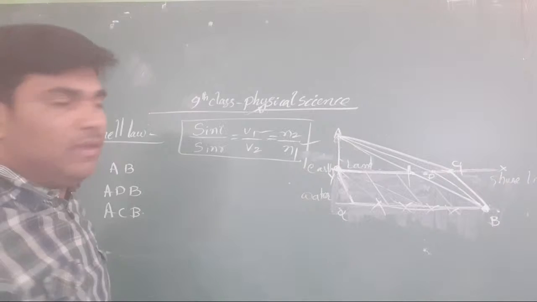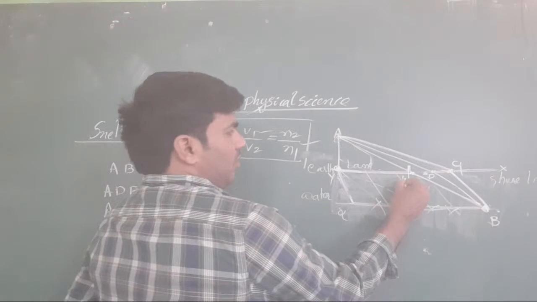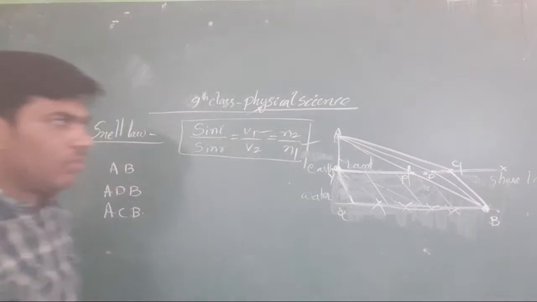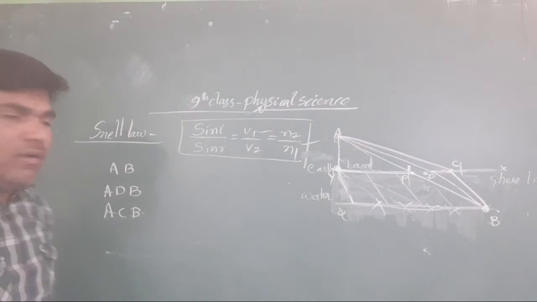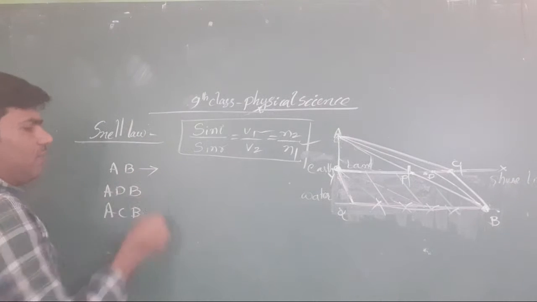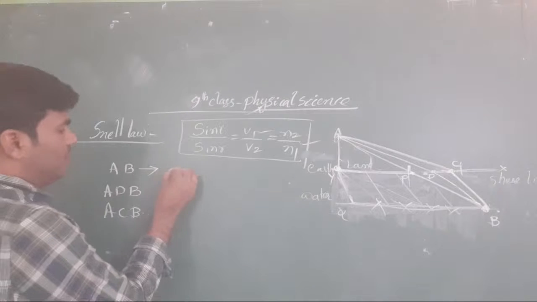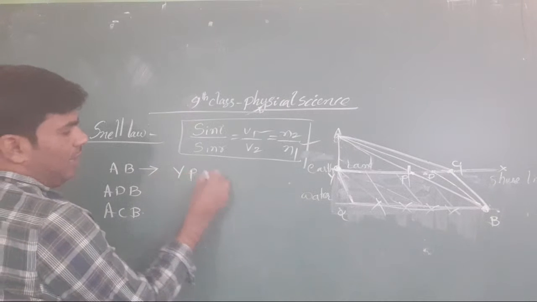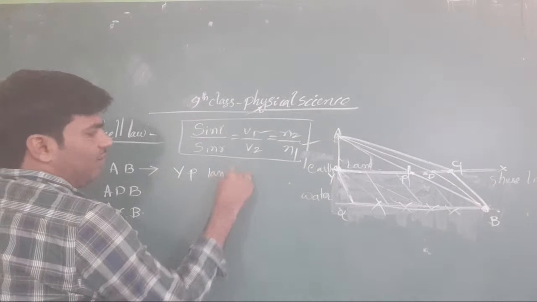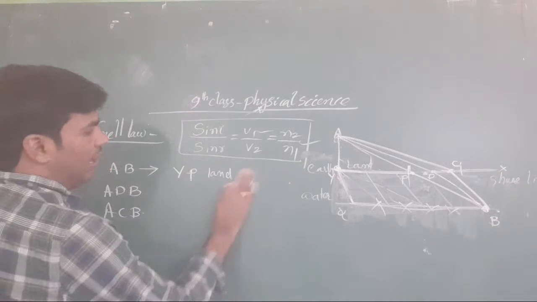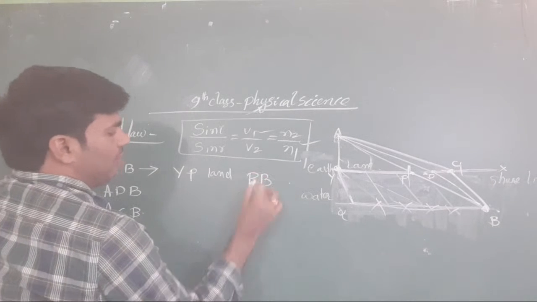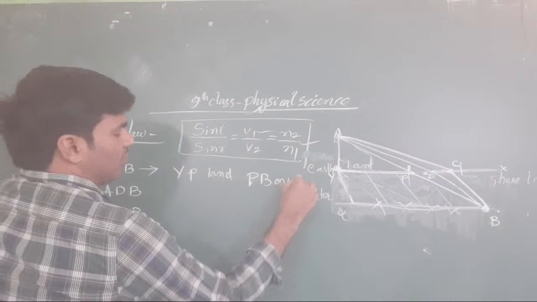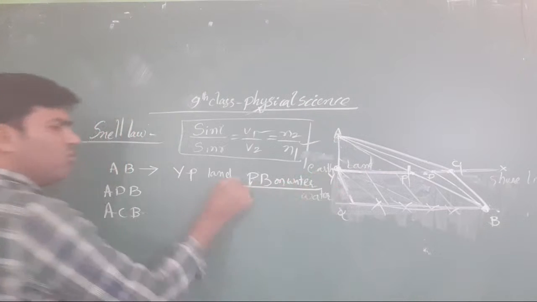A to B, here take any point P. What is the nature of the path? First, A to P on land, P to B in water. Please, students, don't look at the textbook.